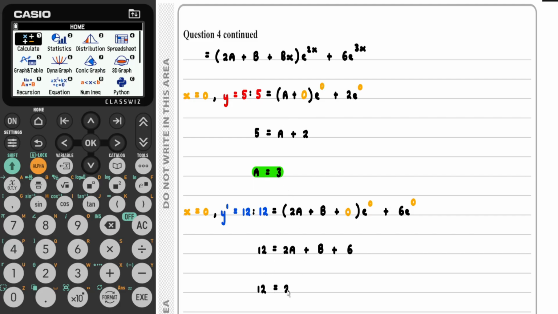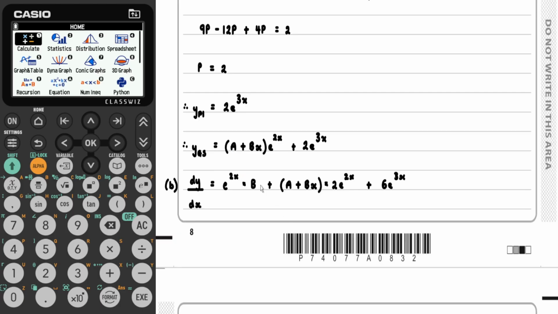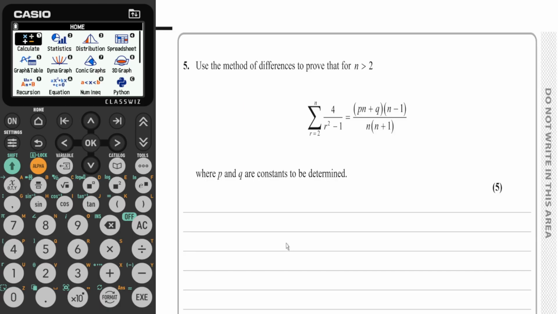So we have 12 equals 2 times 3 plus b plus 6, and that means b is equal to 0. So we can use a equals 3 and b equals 0 and state what our particular solution is. For our particular solution, we would have 3e to the 2x plus 2e to the 3x.